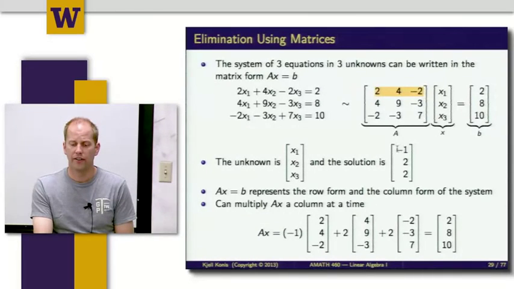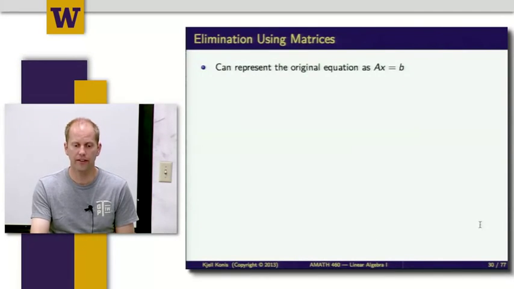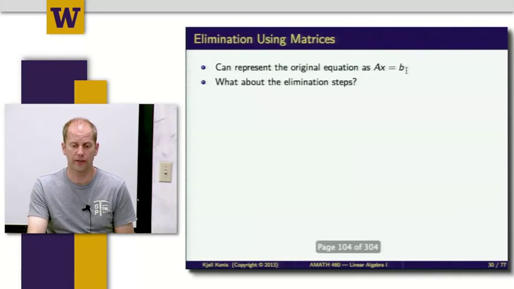So it's the first element of x times the first column of A, plus the second element of x times the second column of A, plus the third element of x times the third column of A. And that also gives me 2, 8, 10. So I can represent the original system of equations as Ax equals b.